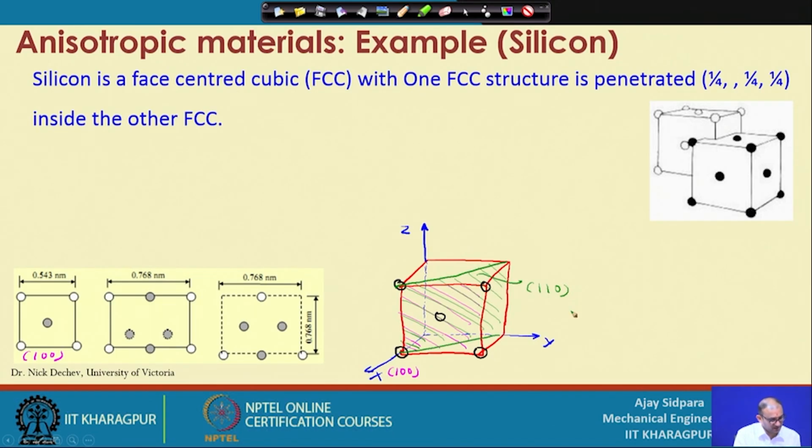So, when it is cutting this, we know that each and every face has 5 atoms. So, here also it is 1 at the center, here also at the center, here also at the center, and on all the other faces also let us put one at the center.